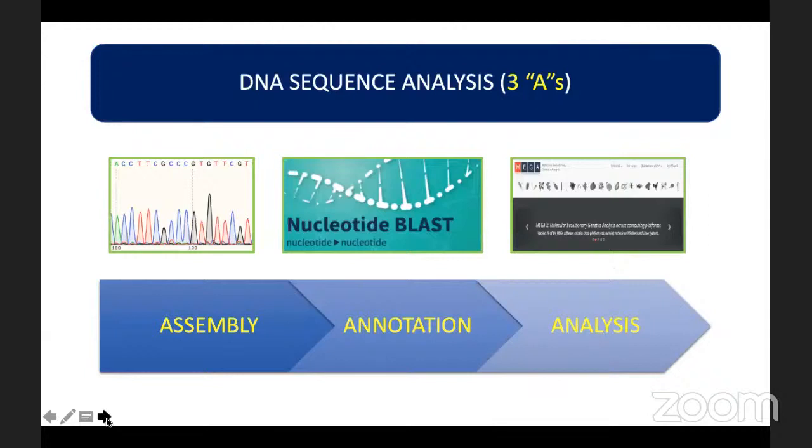After DNA sequence proofreading and assembly, the final quality trimmed DNA sequence can be used for annotation using BLAST homology search and phylogenetic analysis.